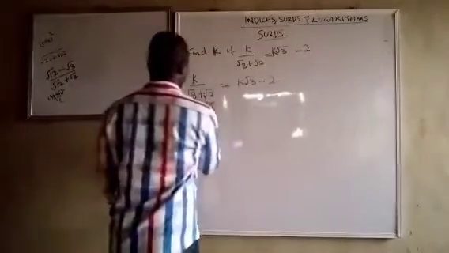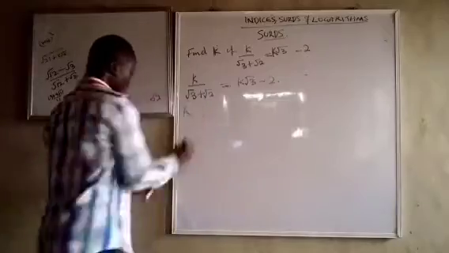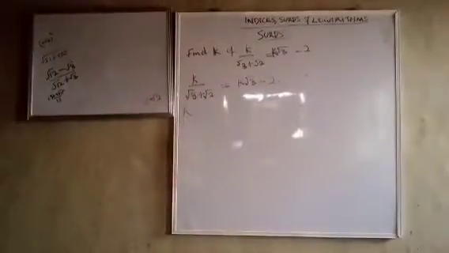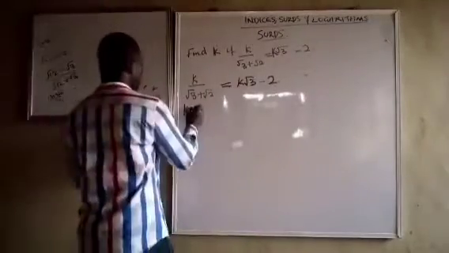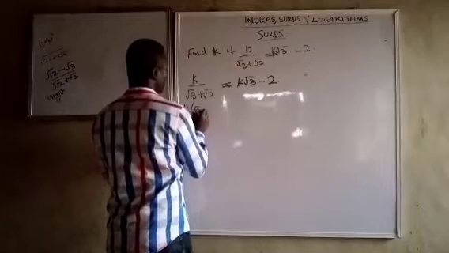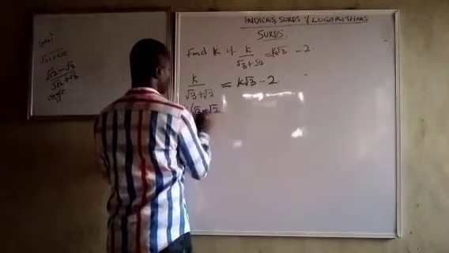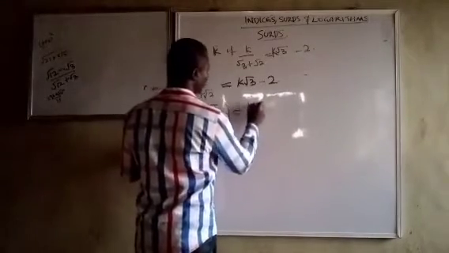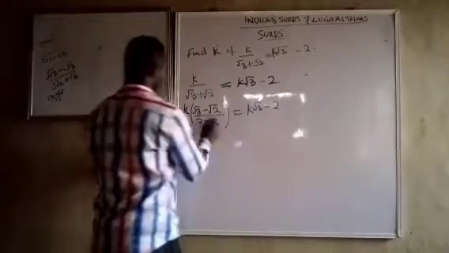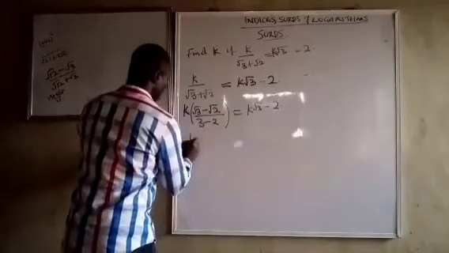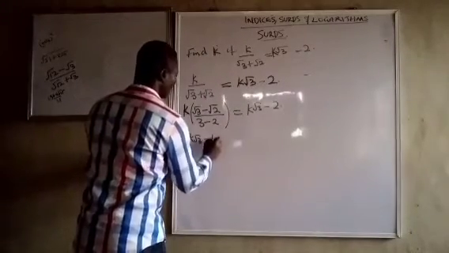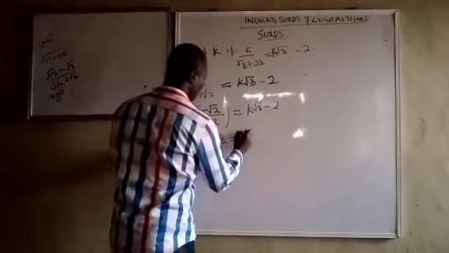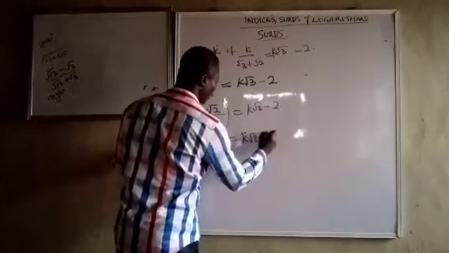Therefore, let's rationalize this one here. So this will now be k into root 3 minus root 2 over 3 minus 2. What will be k root 3 minus 2? You see? So we have k root 3 minus k root 2 is equal to k root 3 minus 2.